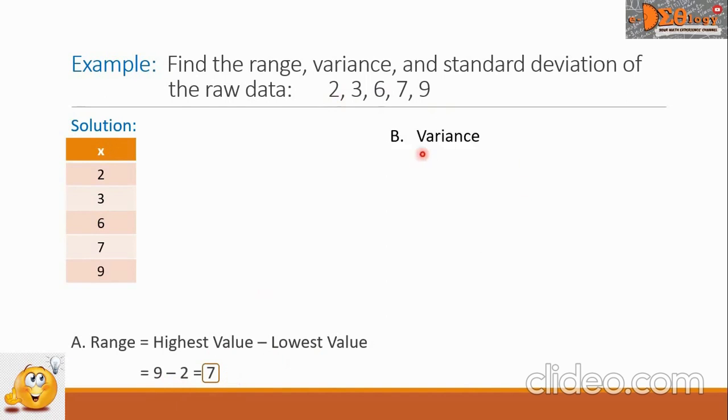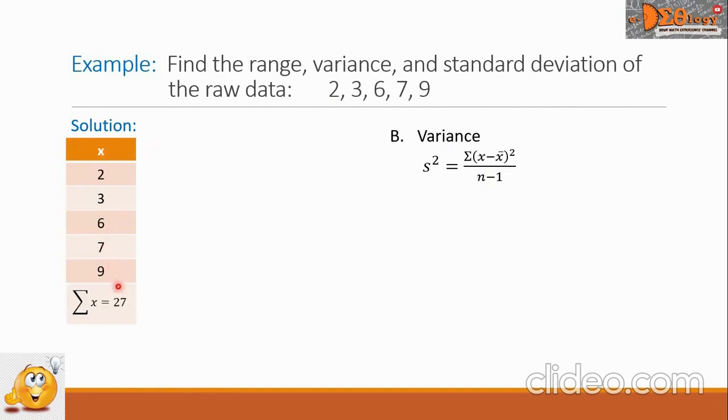Let us now compute for the variance. The formula is given here. The first step now is to get the summation of this column x. So we have summation of x, or the total of this column, equals 27. Let us now solve for the mean.